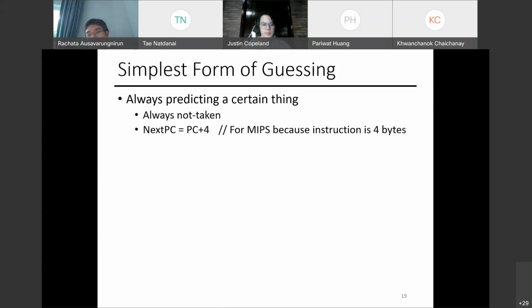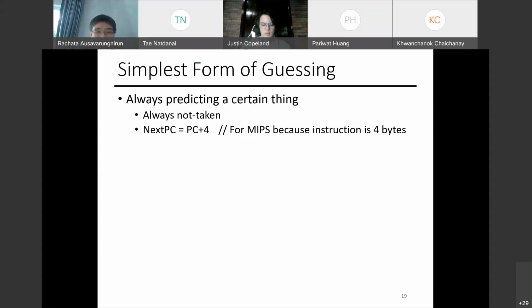So when I say not taken, I mean that if I see a branch, I'm not gonna take the branch. I'm gonna get PC plus 4. Basically, I'm gonna get the next instruction. So this is always not taken. Always taken means that I'm gonna always take the branch.